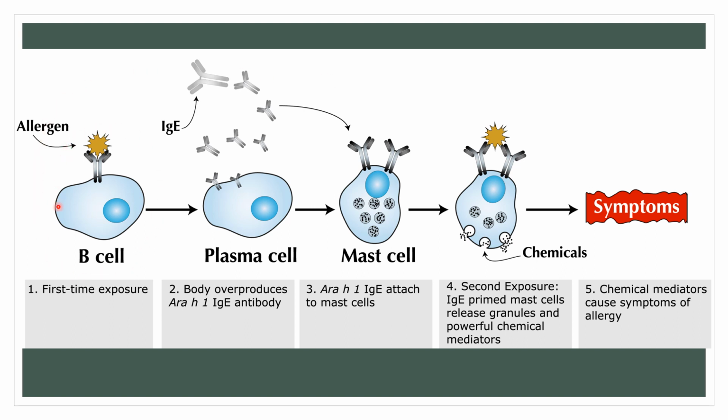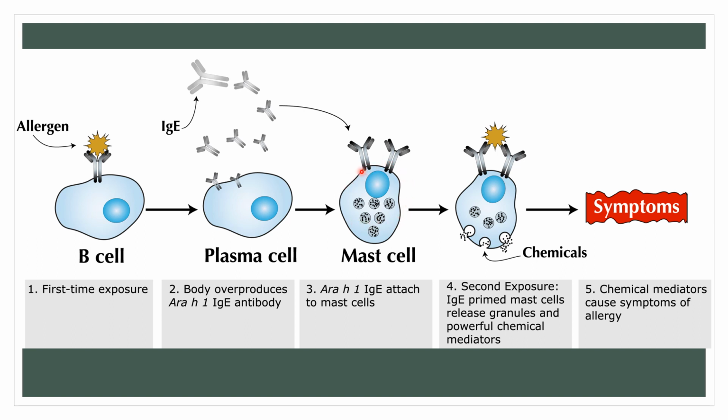So in number 1, the first time a B cell is exposed to ARA-H1 allergen, there is no allergic reaction that will occur, but plasma cells will initiate an overproduction of the IgE antibodies. The IgE molecules will attach themselves to mast cells or basophils.